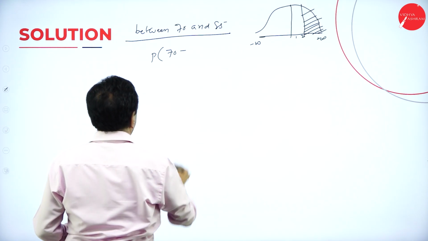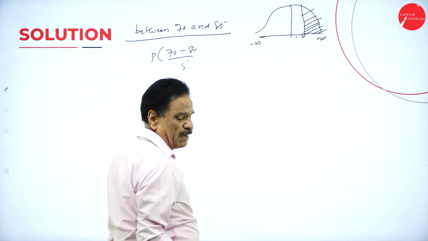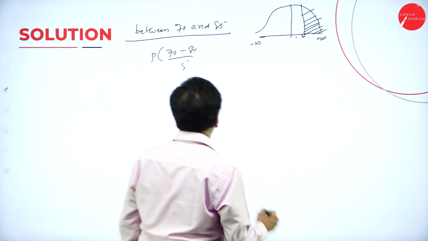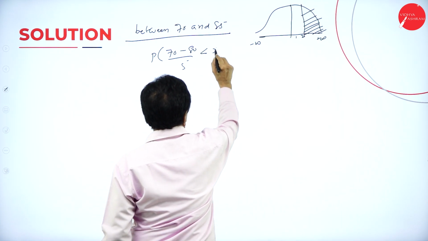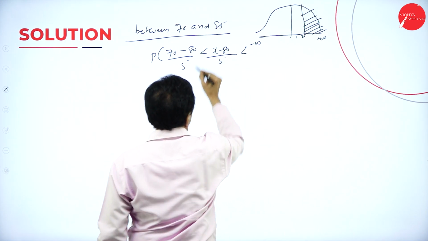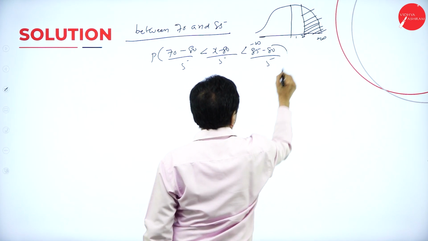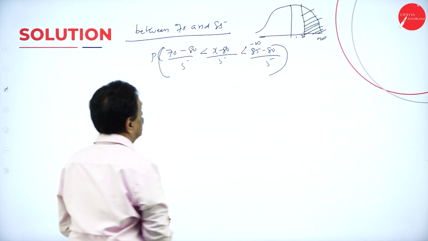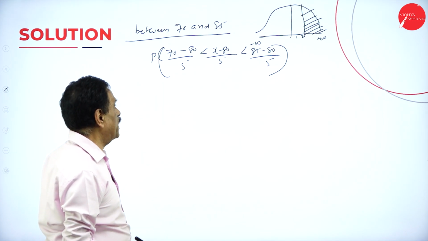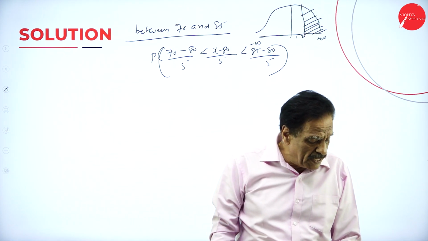Your mean is 80. Your standard deviation is 5. This is the method of writing: 70 minus 80 divided by 5 less than x minus 80 divided by 5 less than 85 minus 80 divided by 5.